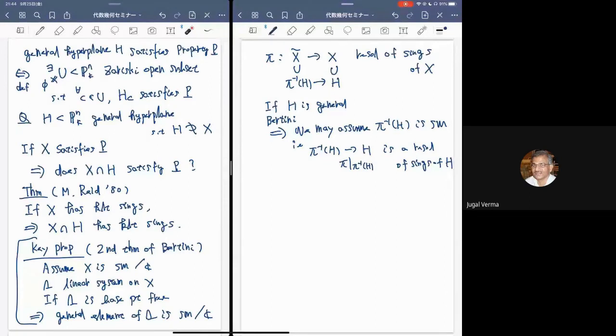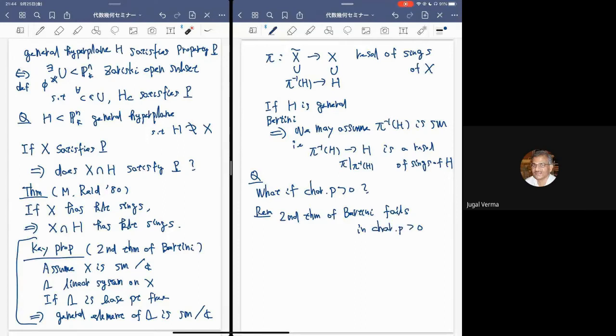And my question is, what if the characteristic is p? The problem is that the second theorem of Bertini fails in positive characteristic.